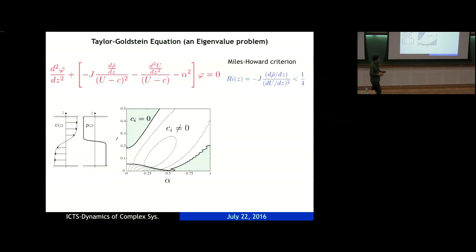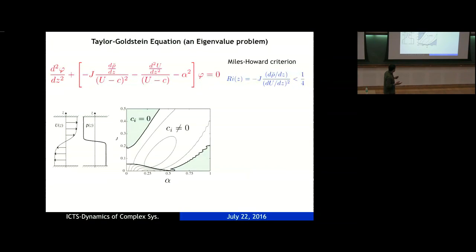What you get are which modes are unstable. So what you are doing is you are putting different wavelengths. You are perturbing the flow with waves, all kinds of waves. It could be waves of different wave numbers. Now you are asking the question which waves would grow and which waves won't. And that actually comes from this equation, from this eigenvalue problem.